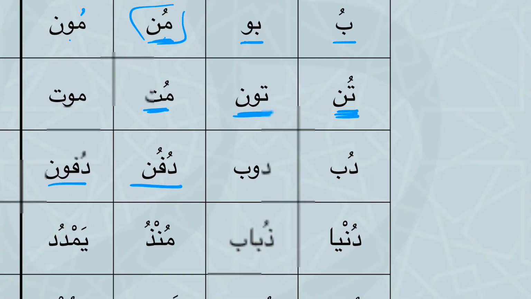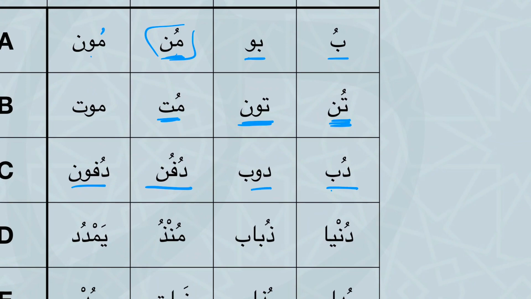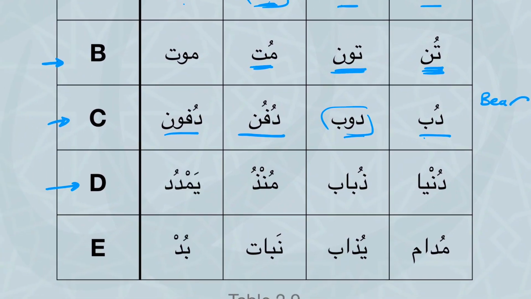Let's see this pair here. This one is dub, dub, which means bear, by the way. This one is doob, doob. Next, how would I pronounce this one?